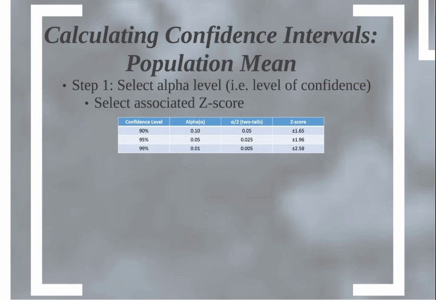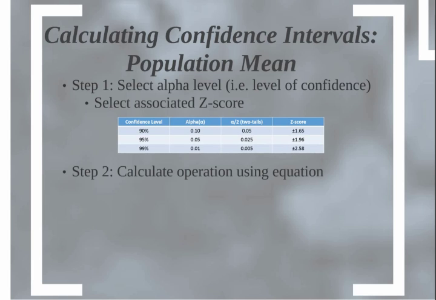We use this to give an idea that we're fairly confident. So we check our alpha level, and we use that to identify the z-score. At 95%, our z-score is always going to be 1.96. And we'll use that in our calculations.